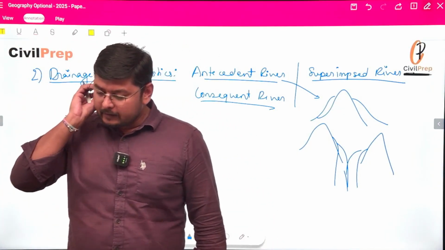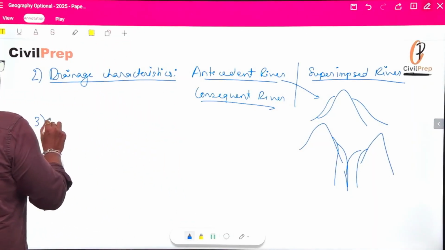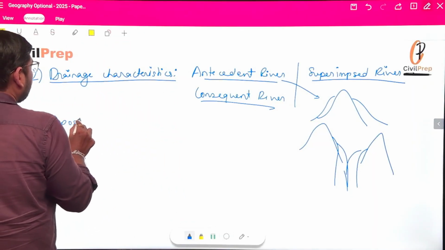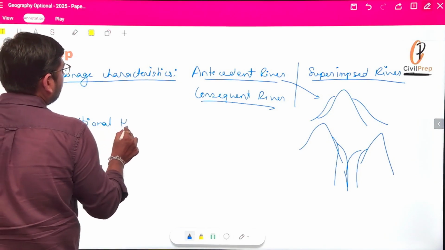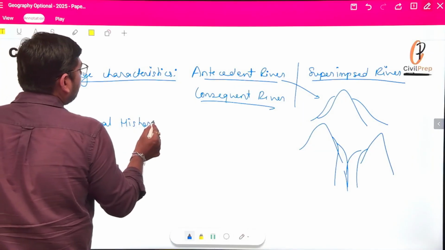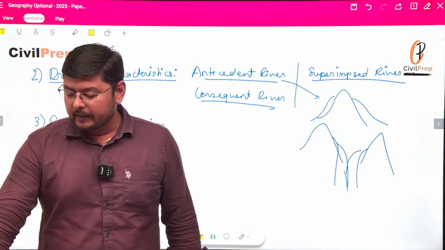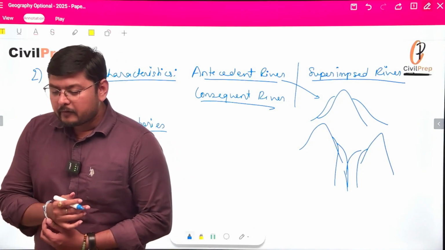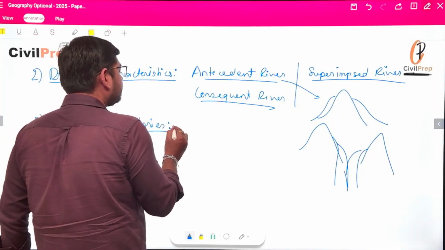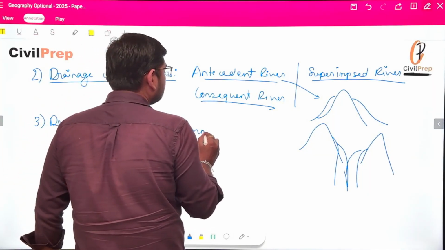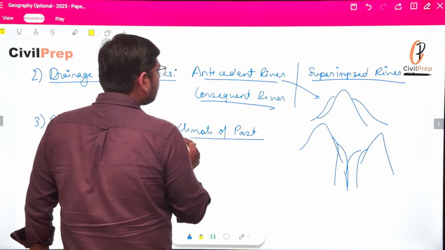Now, when we look at the third part, that is the depositional history. When we look at the depositional histories, we are able to identify what the past climate was.